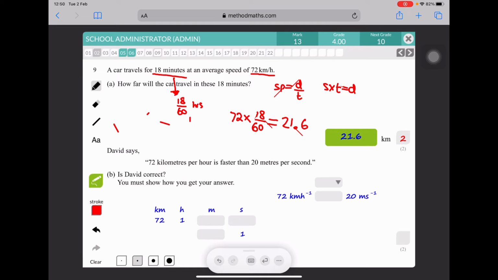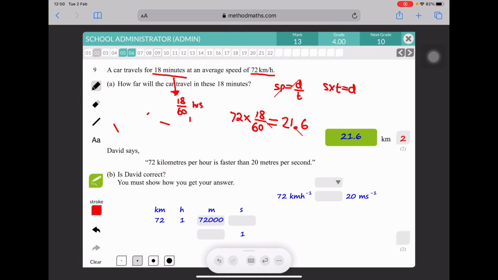Okay, so let's see if David is correct. 72 kilometers. So right here, 72,000 meters. How many seconds are there in an hour?